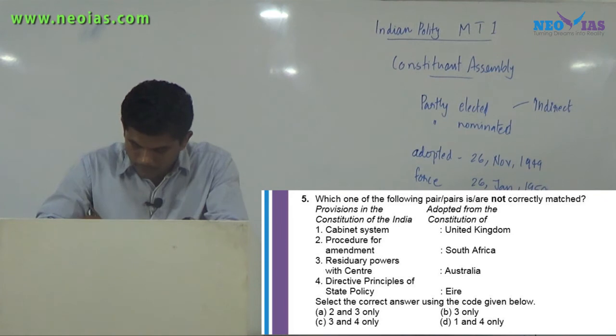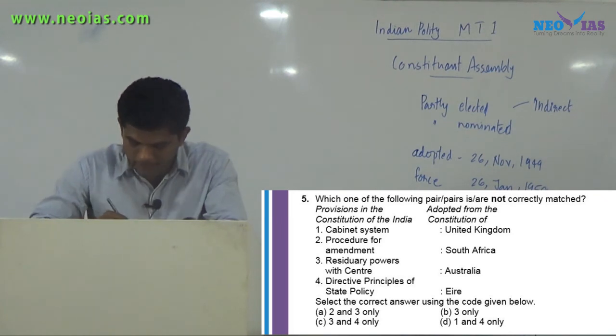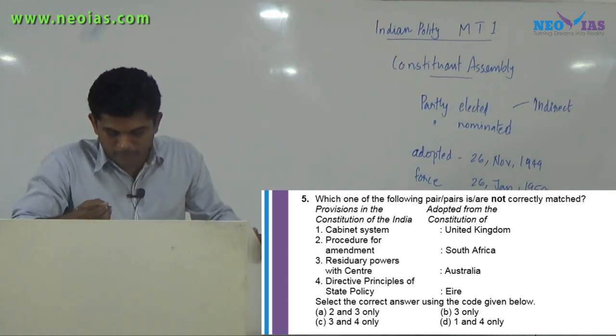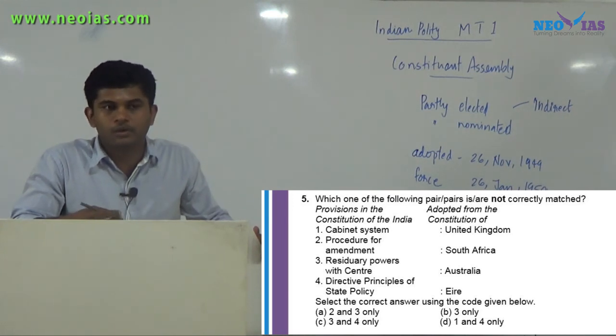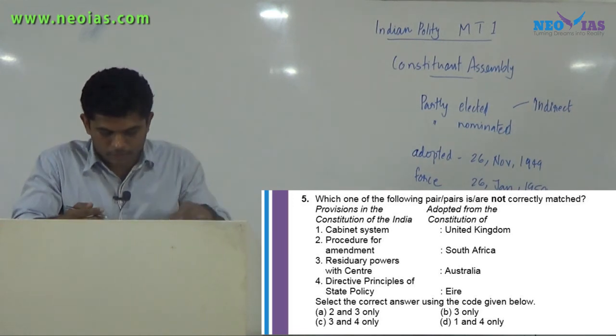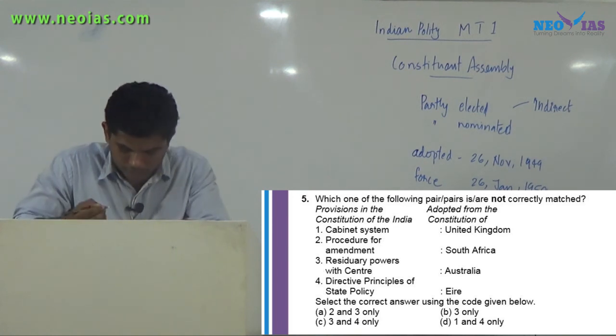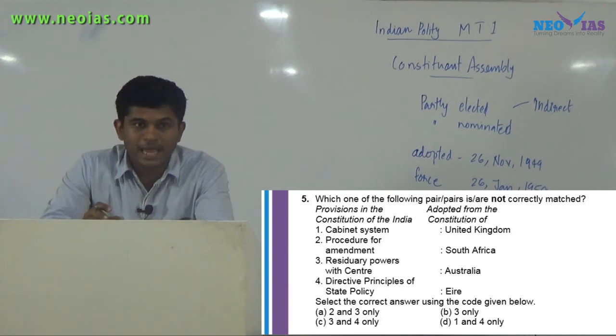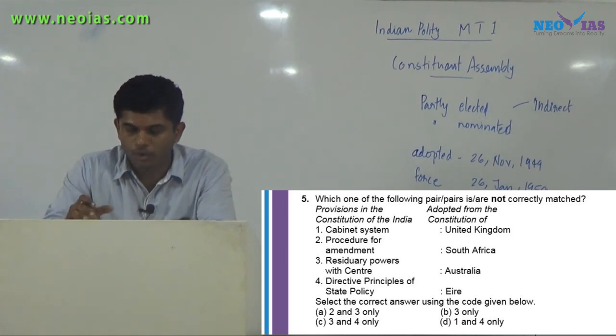So we can eliminate option D. And the second one is procedure for amendment, as provided in South Africa. It is taken from South Africa, so that statement is also correct. So we can eliminate option A also. Now we have residuary powers with the center. That part of the Indian Constitution was taken from the Canadian constitution, not from the Australian constitution.